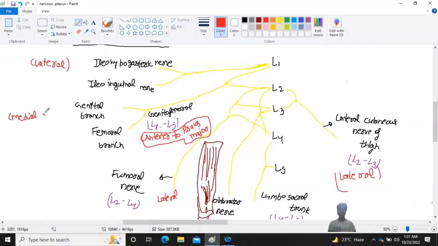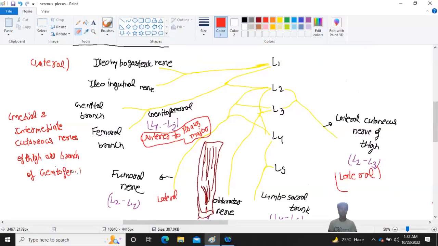Medial and intermediate cutaneous nerves of thigh are branches of the genitofemoral nerve.